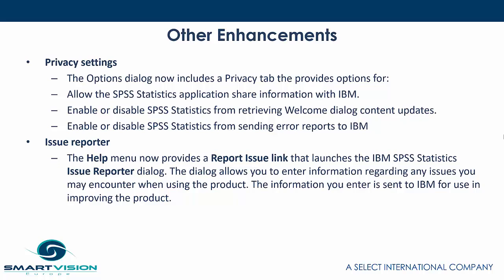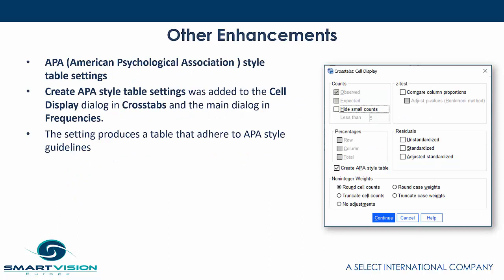The information then, of course, is used to improve the product. And lastly, just the ability to request that crosstabs and frequency tables produce output that conforms to APA style guidelines, American Psychological Association style guidelines.